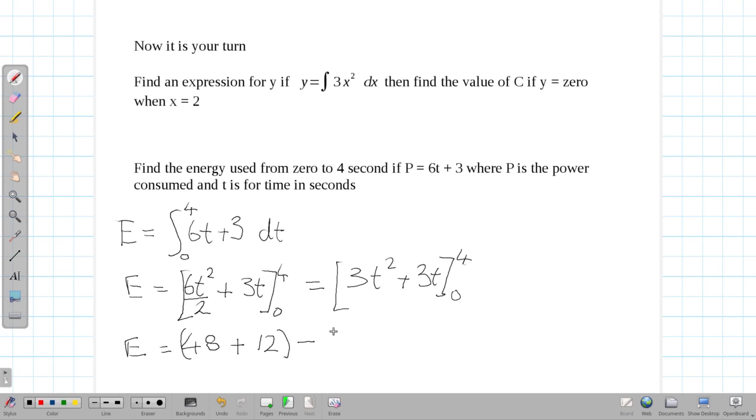Minus, and I've gone with the 0, so the nice easy one. This is going to become 0 basically, because 0 squared is 0, so 0 plus 0, because 3 times 0 is 0. So that's a nice easy one. So we've got 48 and 12, which gives us 60. Okay, so E equals 60 joules.